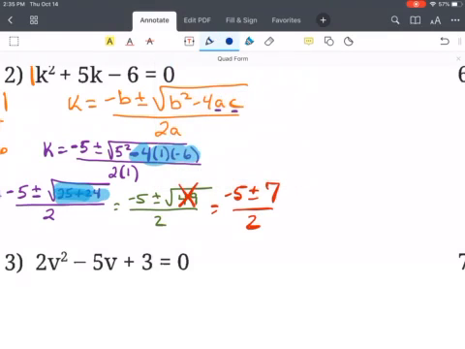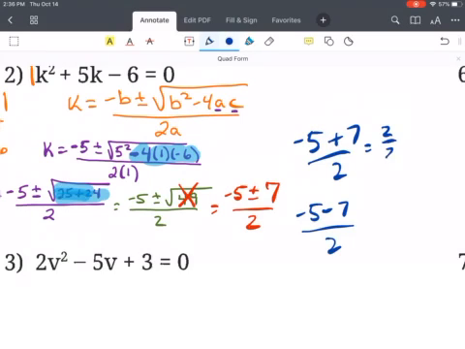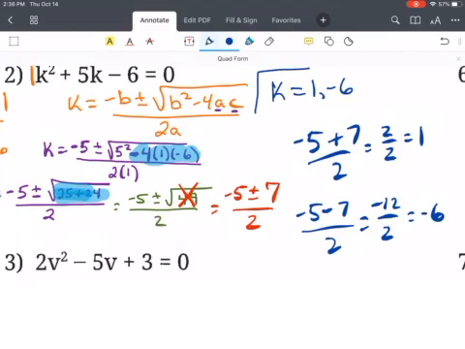We can finalize our answers: negative 5 plus 7 divided by 2, and negative 5 minus 7 divided by 2, which is 2 over 2 and negative 12 over 2. So for number 2, we get answers of 1 and negative 6.